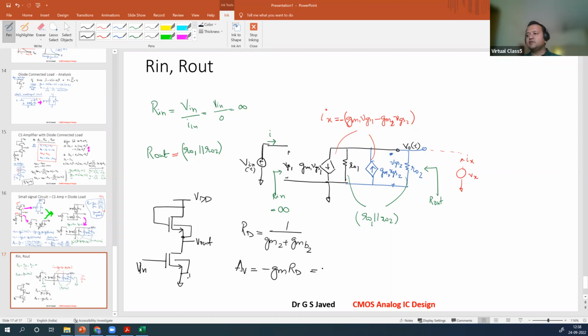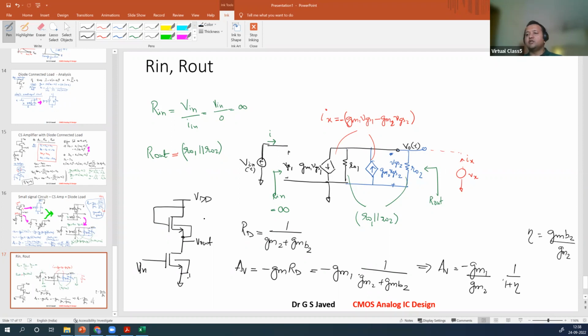You will get it as minus GM1 times RD, which is 1 over GM2 plus GMB2. This value is given as AV is equal to minus GM1 by GM2 times 1 over 1 plus eta, where eta is defined as GMB2 over GM2.